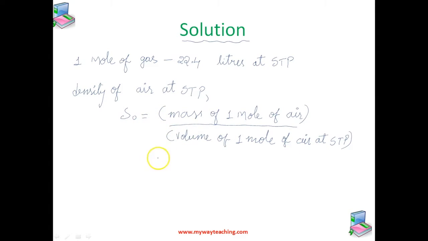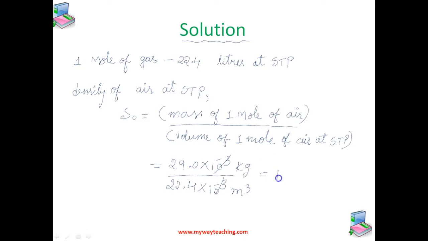So here we know mass of 1 mole of air is 29.0 into 10 raised to minus 3 kg. They have given in the question. And just now we saw the volume, that is 22.4 liters, 22.4 into 10 raised to minus 3 meter cube.